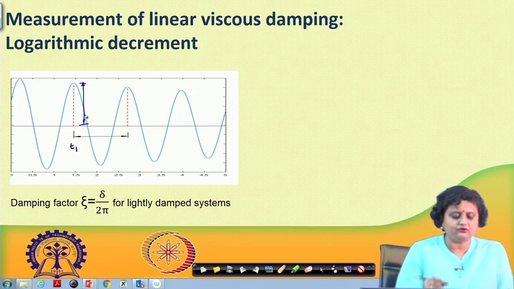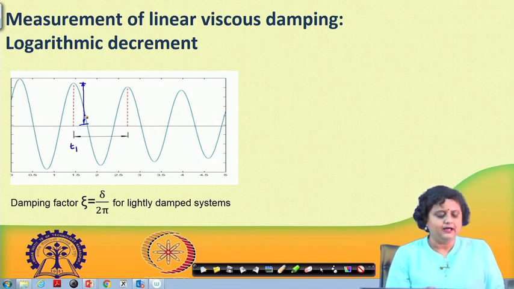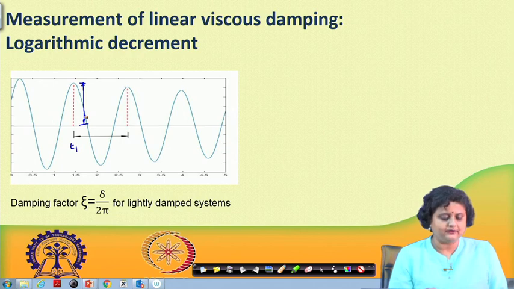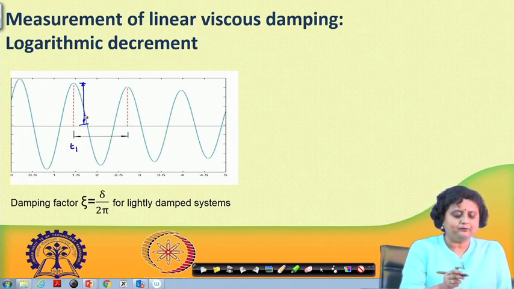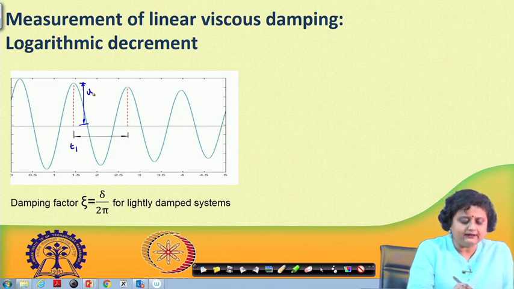We can measure the response using several sensors like an accelerometer, a strain gauge, or other microelectromechanical systems. So, we find out the response at t1 and let me call it U1.